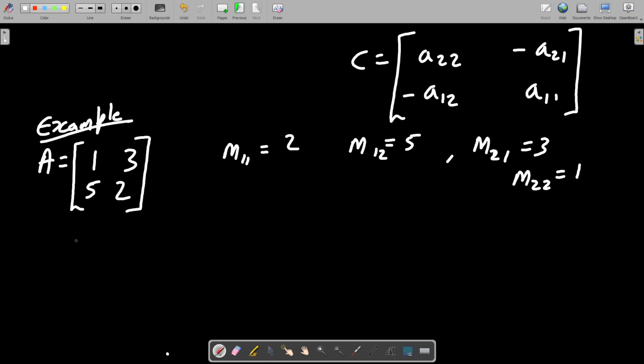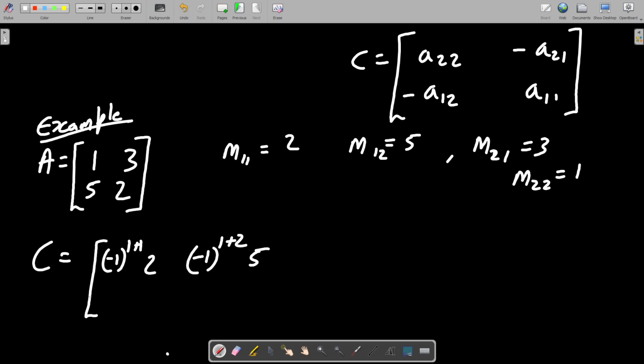So what will be the cofactor matrix here? This will be, see, just look at the position which I'm at. So this will be minus 1 to the power 1 plus 1. Okay, after you become experts, you won't write down these numbers. So this into 2. So next will be minus 1, 1 plus 2. And the number here was M12, 5. So minus 1 to the power 2 plus 1.